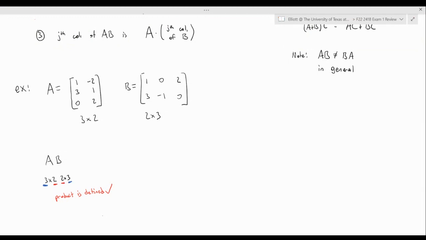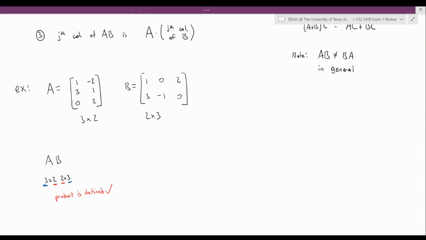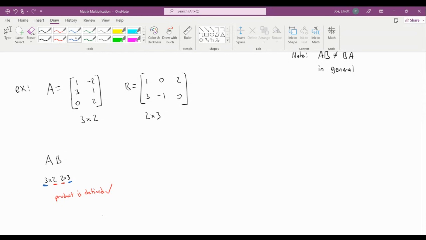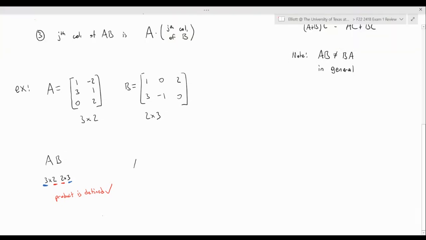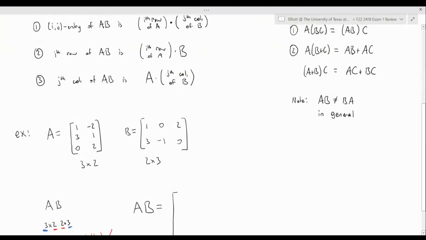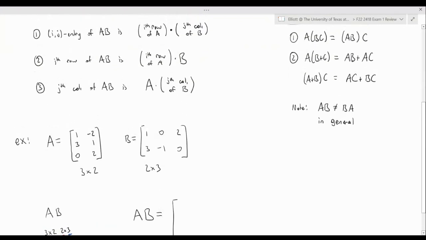So when we multiply A times B, the result is going to be a 3x3 matrix. Let's see how that is going to work. I'm going to calculate A times B just using this first property here.